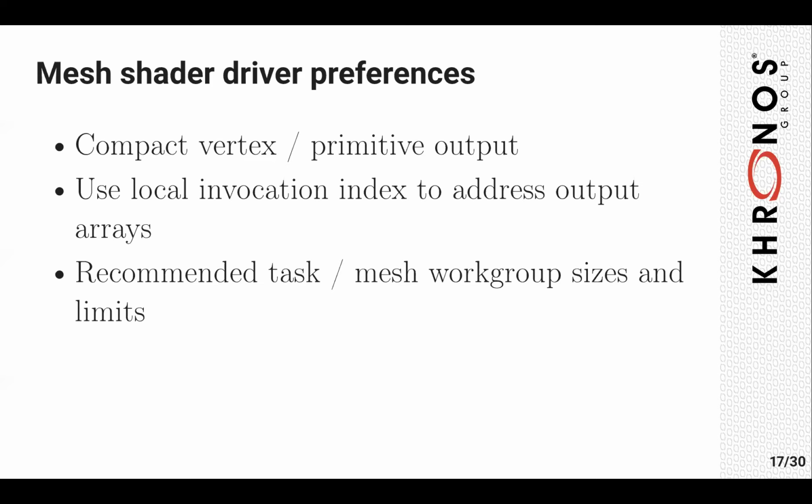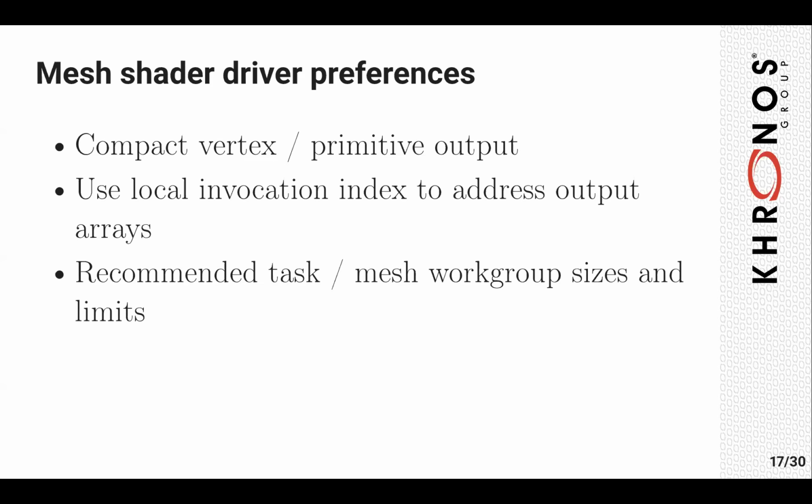Some drivers will tell you that they prefer that you output compact vertices and primitives, which means that there should be no gaps in the output array. Some implementations will tell you that they would prefer you to index the output arrays using the local invocation index. This is basically the same thing that you have built in compute shaders.